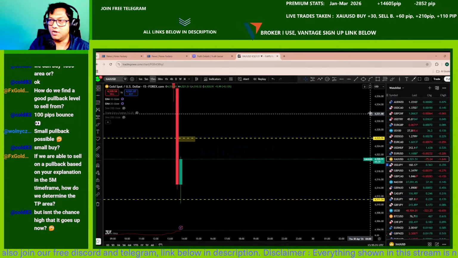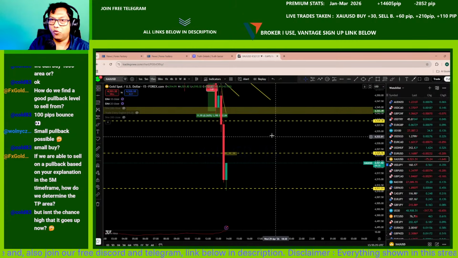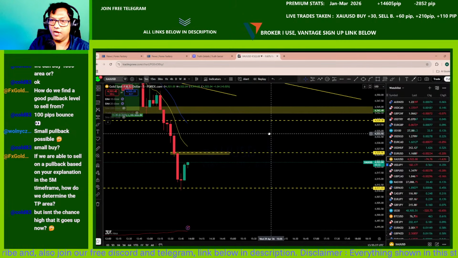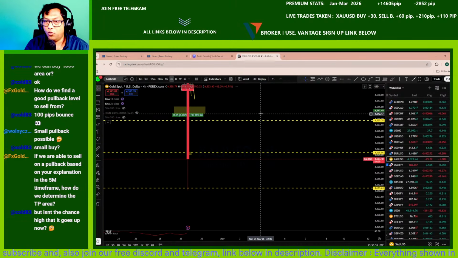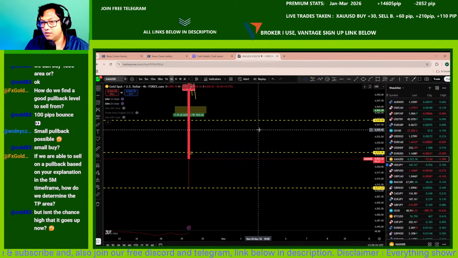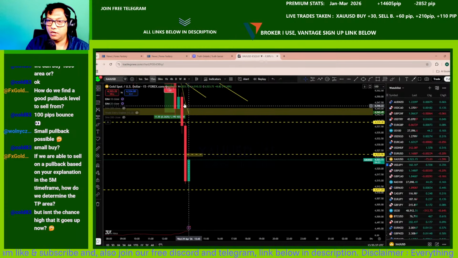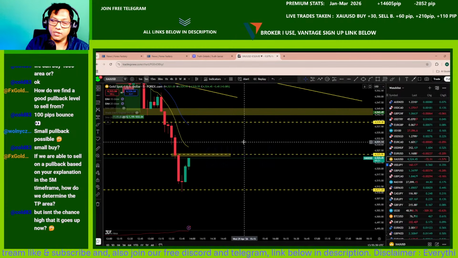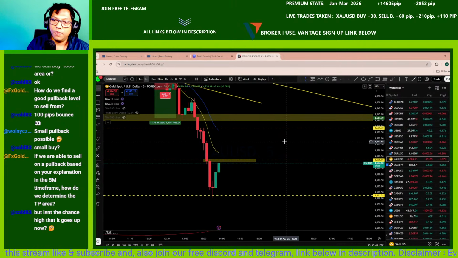So you can expect an extended pullback before the 4-hour close, and the market might go up for this pullback here, and with the 4-hour close the price might return back below. So here you want to see this move up for us to be able to sell.